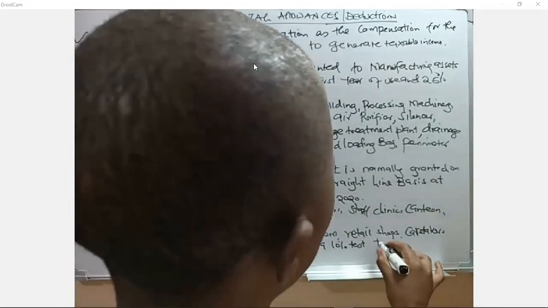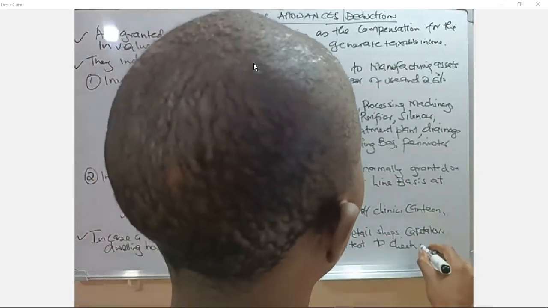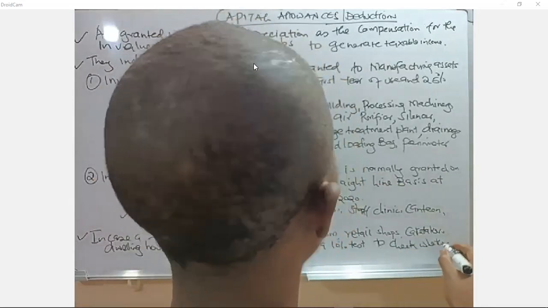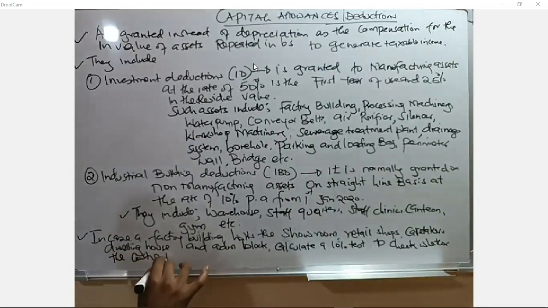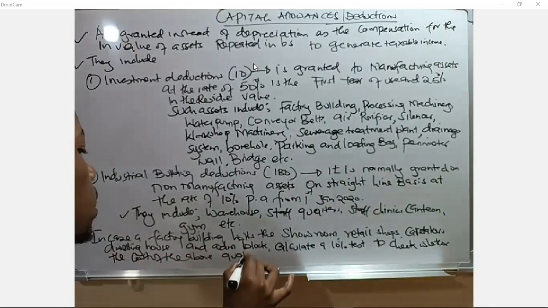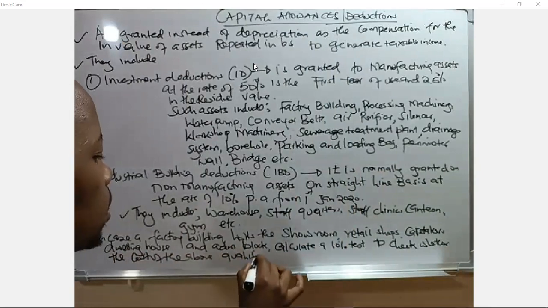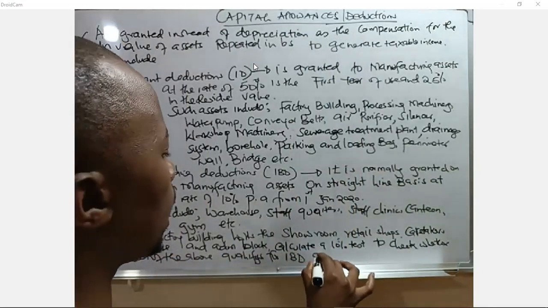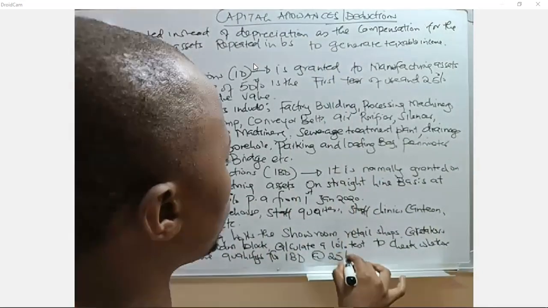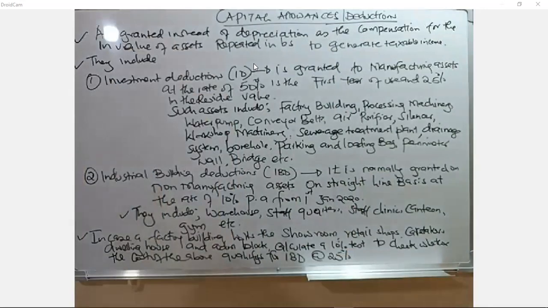To check whether the cost of the above assets qualifies for IBD at the rate of 25%.